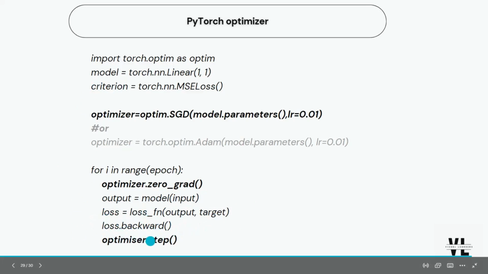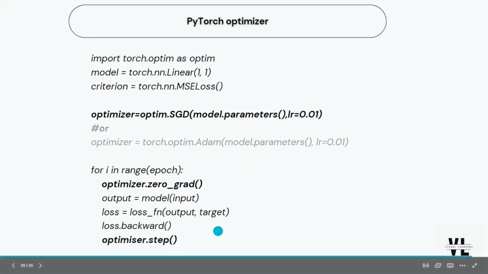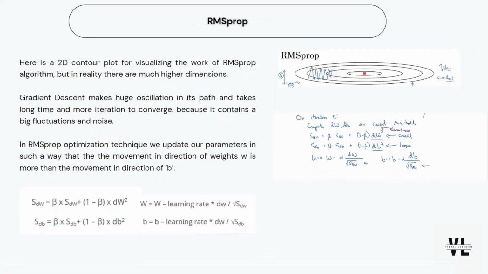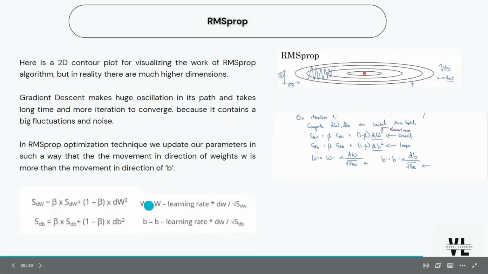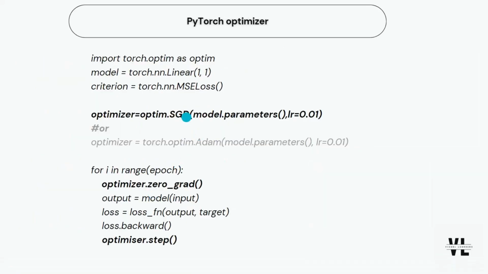Then don't forget to call optimizer.step, which performs the formula for gradient descent over each iteration. So you need this formula to be computed. If you want to use other kinds of optimizers such as RMSProp, you just need to change the name from SGD to RMSProp.